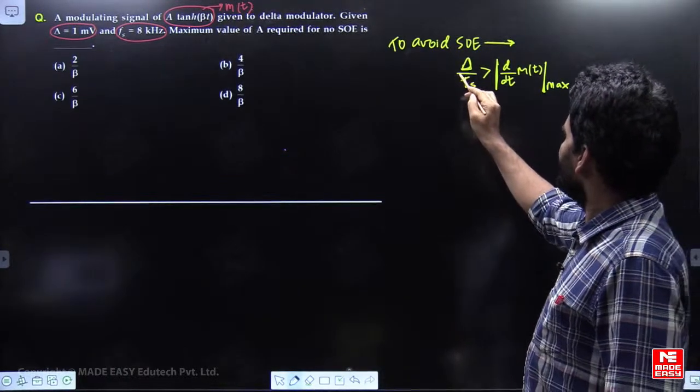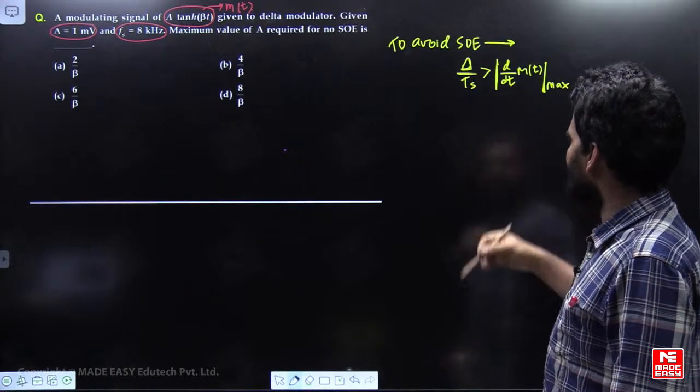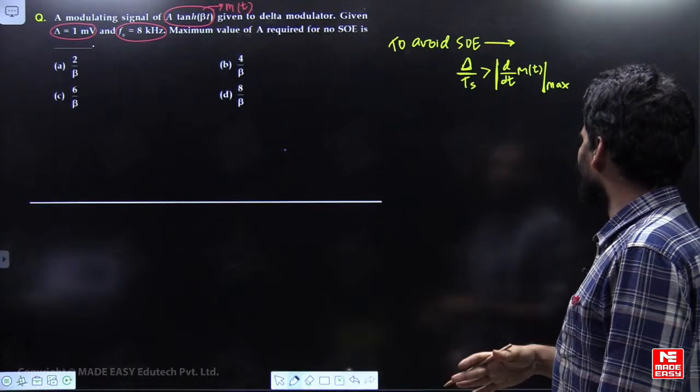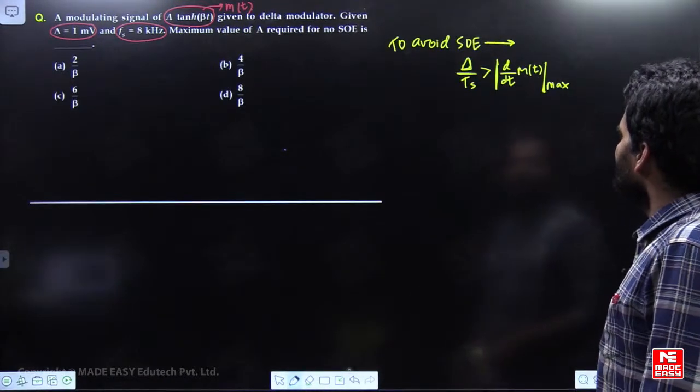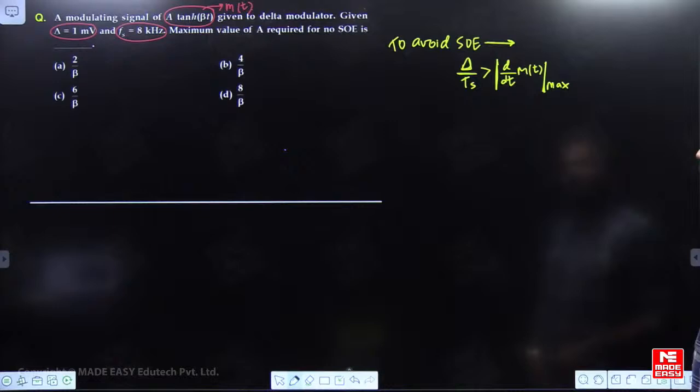If this condition is satisfied, everywhere GE is going to occur at every time instant, then there is no chance for SOE.